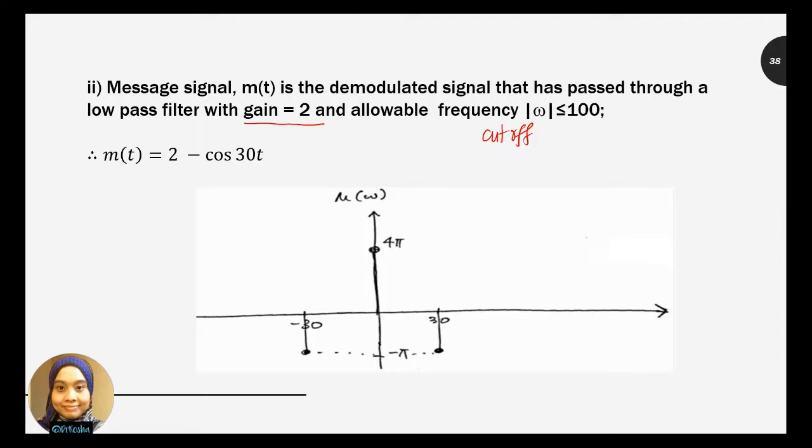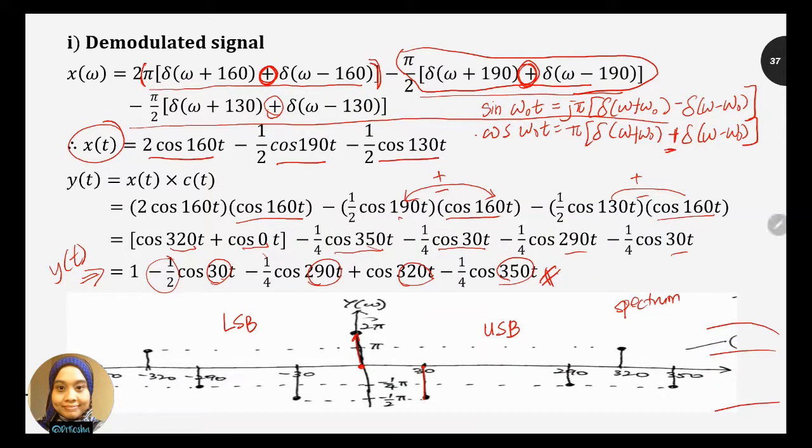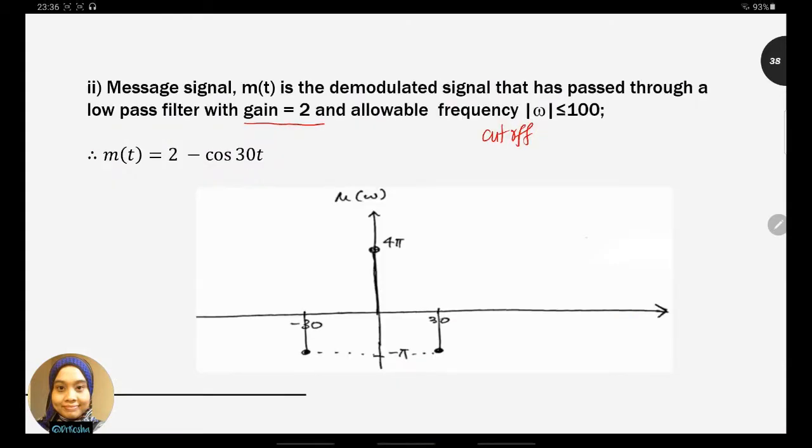So from this equation, whatever we have more than 100t is considered to be eliminated by the filter. So it will just give you this one, 2 minus cos 30t.